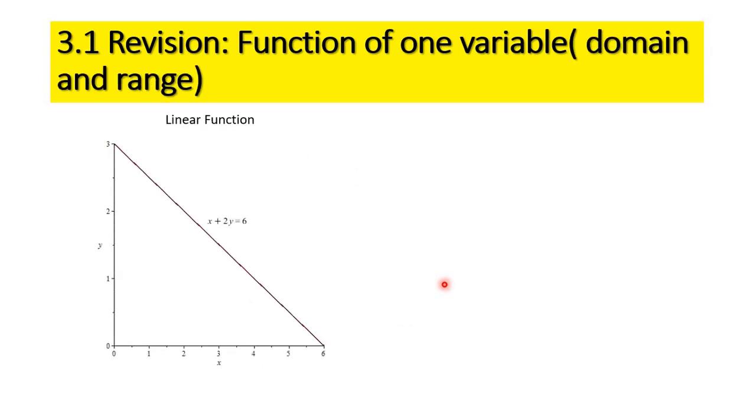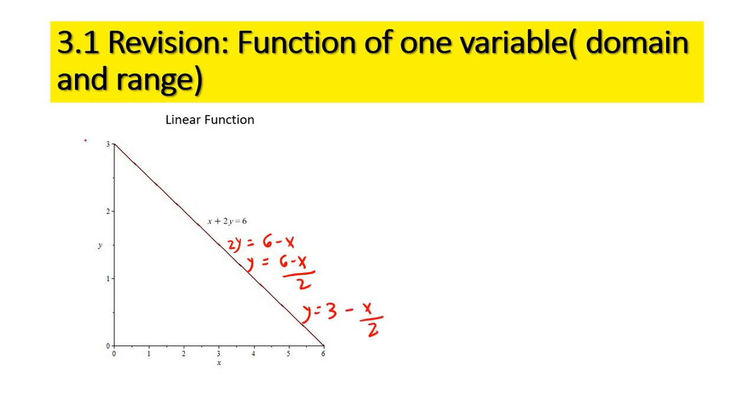Okay, the same thing. This is also a linear function. For this case, x plus 2y equal to 6. So what is the domain here? Or for the function, you may change it and say 2y equal to 6 minus x, or y equal to 6 minus x divided by 2, or y equal to 3 minus x over 2.